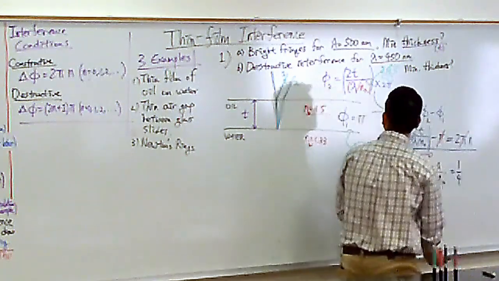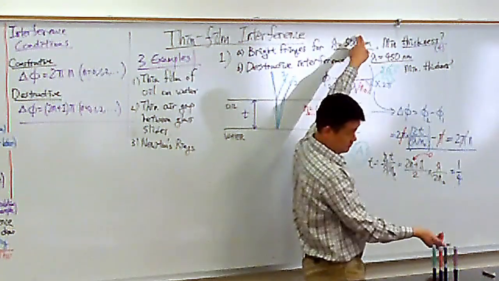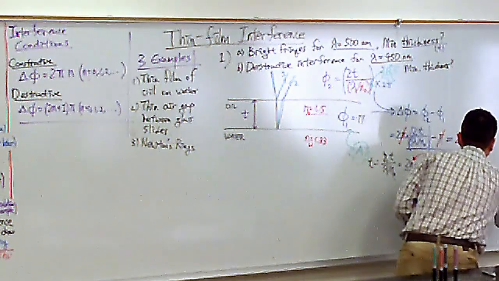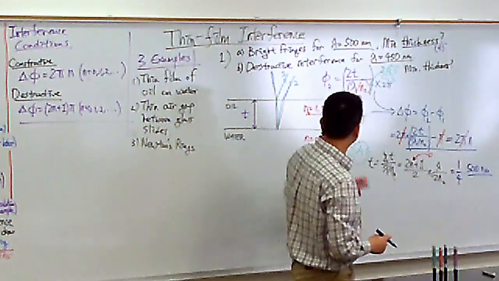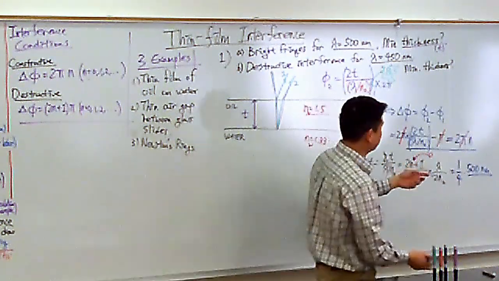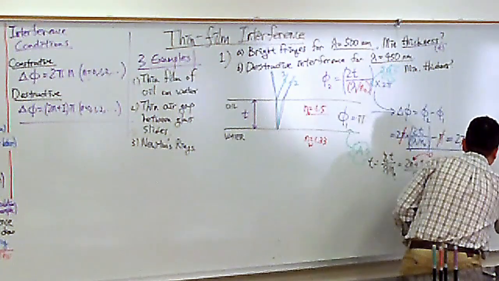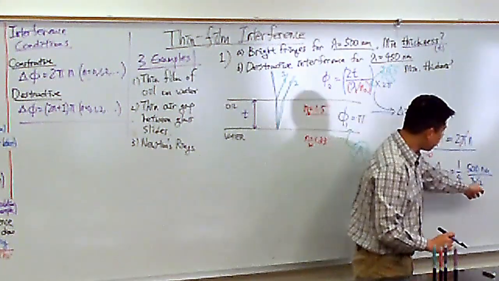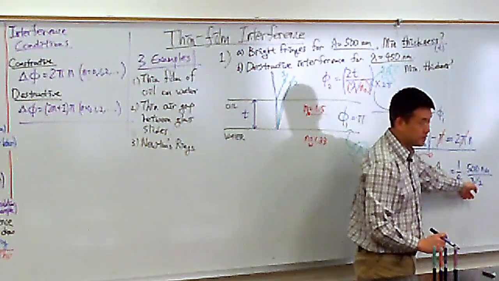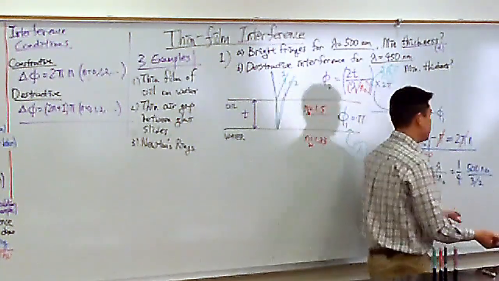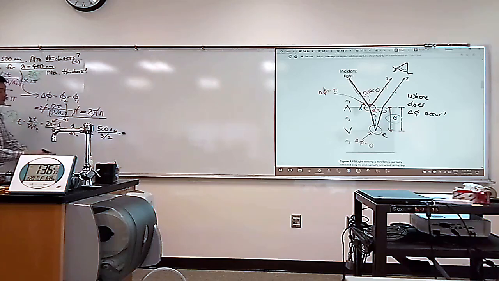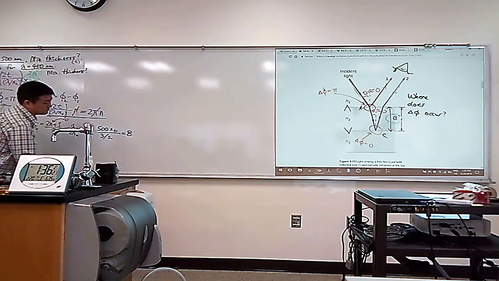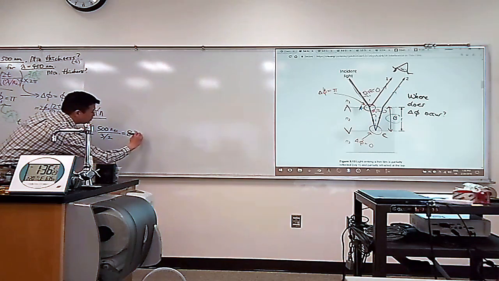1/4 times the wavelength in air, 500 nanometers, divided by 1.5 or 3/2. So it's 1/2 times 3, so 1/6. 500 divided by 6 would give me around 83 nanometers or so.